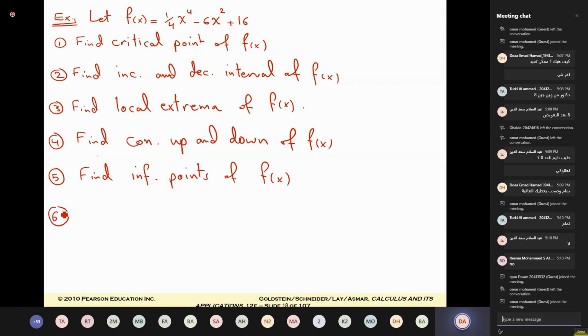Number 6, sketch f of x. نرسم كمان f of x.